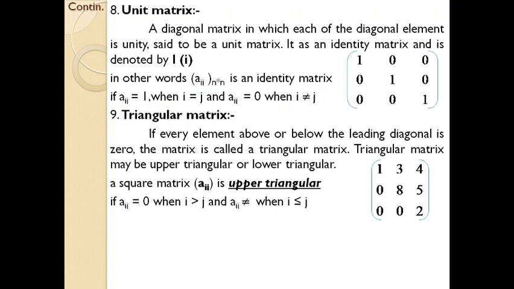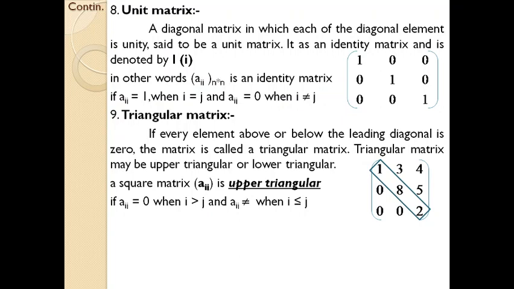See, here the diagonals are 1, 8 and 2. As per the concept, any numbers that are below the diagonal remain 0. See, here the diagonal is this one, and the numbers below the diagonal are these 3. When any numbers below the diagonal are 0, it is known as an upper triangular matrix.